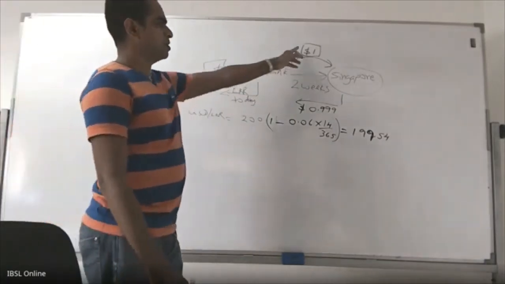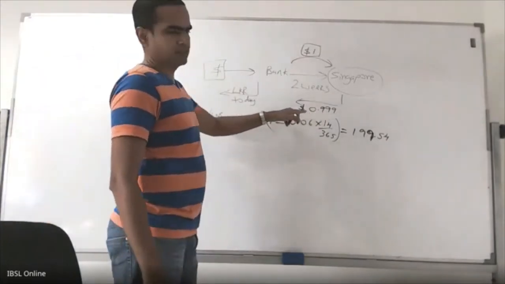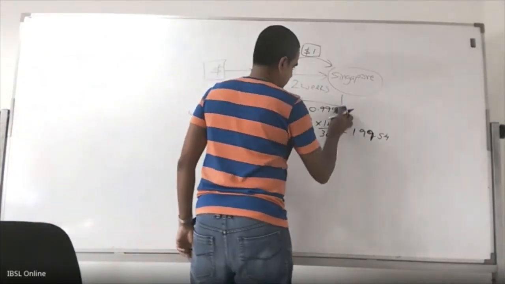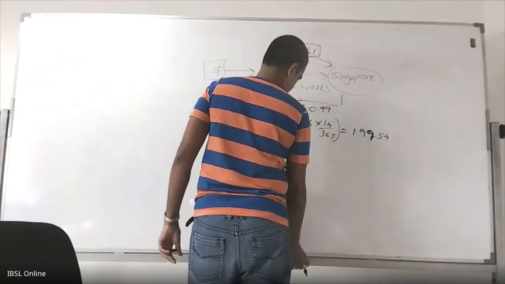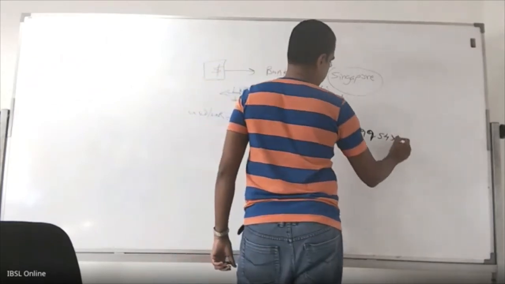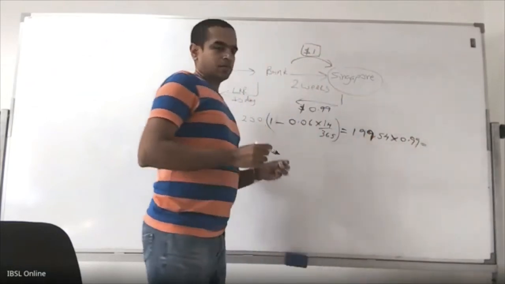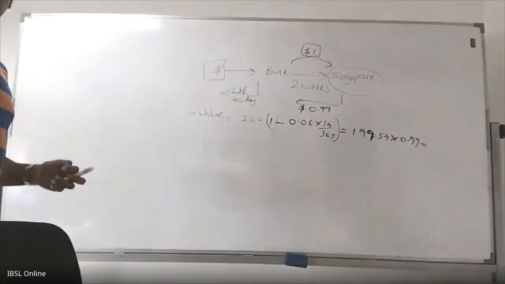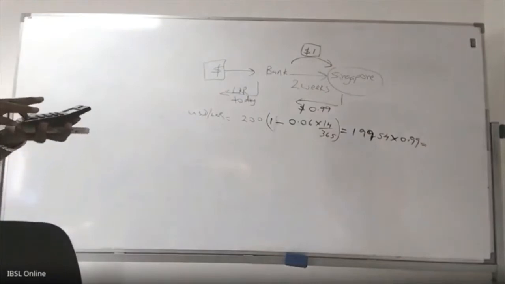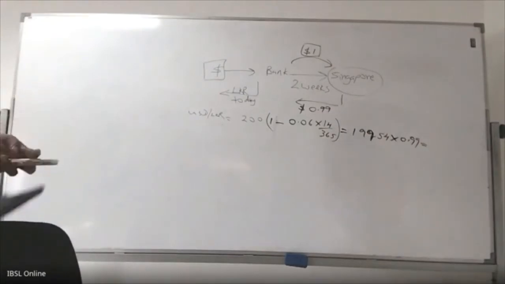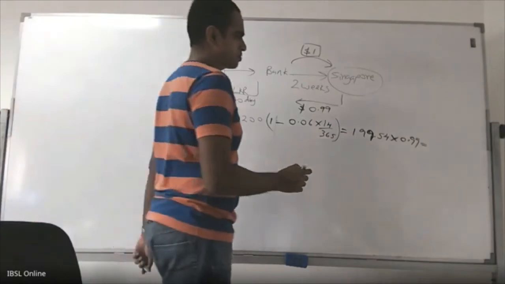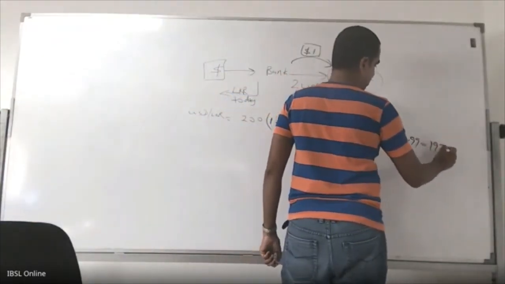So if you give $1, you will get about 1 cent less. That also will cost you. You can only give him 199.54 into 0.99, which is 197.54.